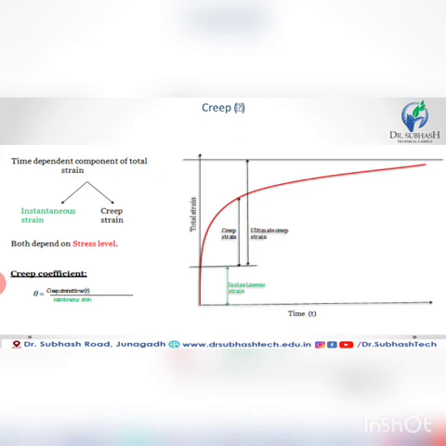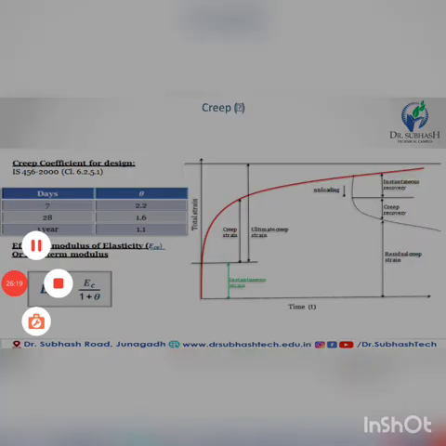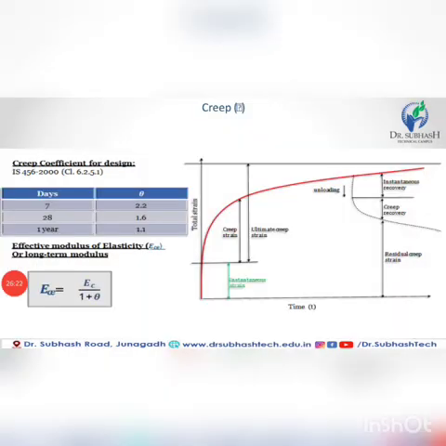Next, creep coefficient for design as per IS 456-2000 clause number 6.2.5.1: 7 day, 28 day and 1 year. Theta is equal to 2.2 for 7 day, 1.6 for 28 day, and 1.1 for 1 year. Here time is given horizontally and total strain vertically, with ultimate creep strain and instantaneous strain. Okay, next.